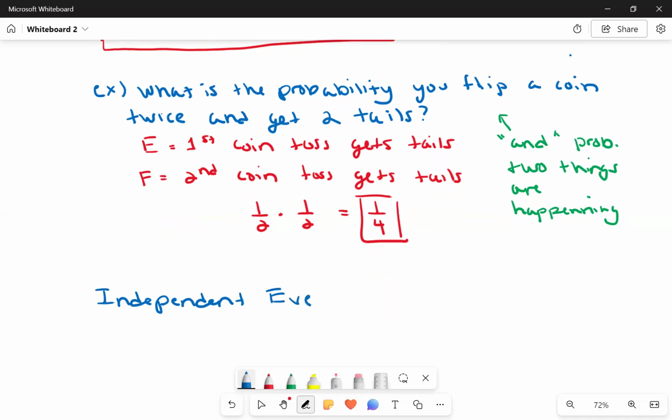Independent events mean that one event doesn't affect the probability of another event.